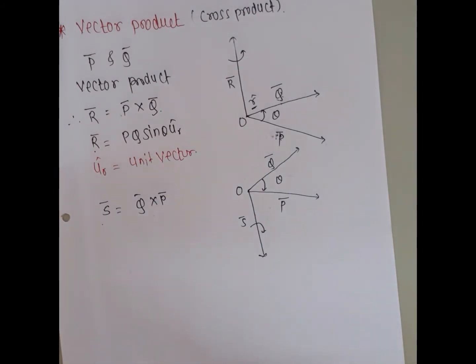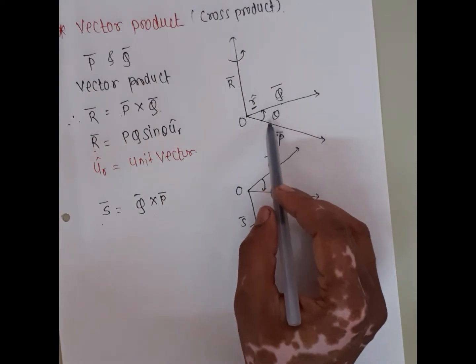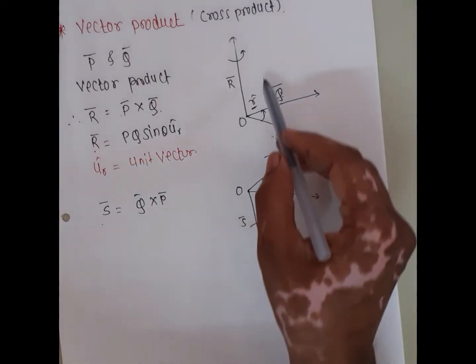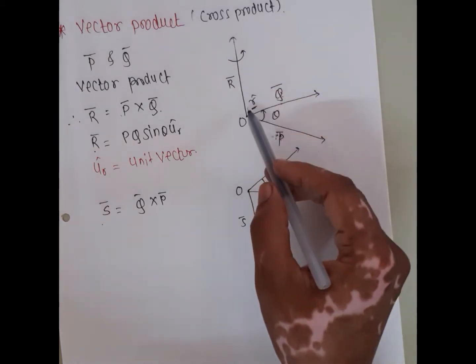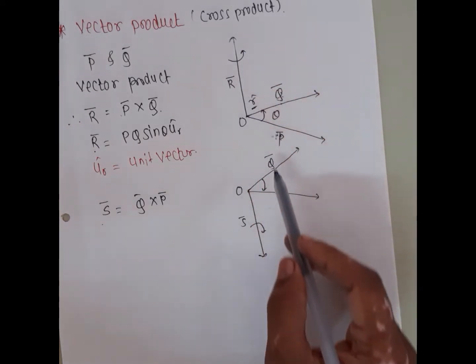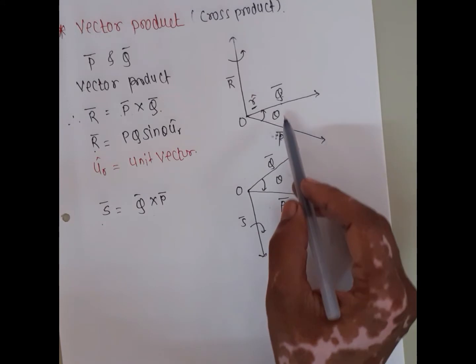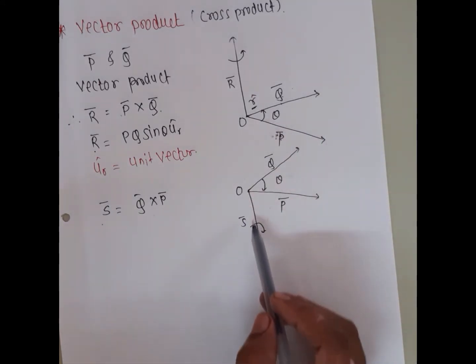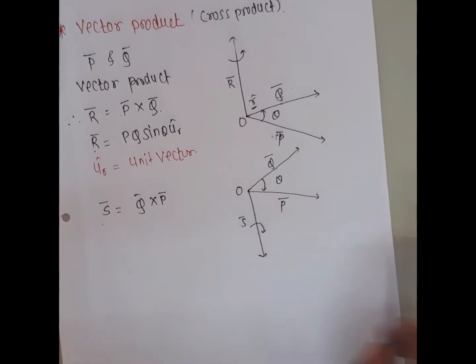According to the right hand screw rule, if the screw is rotated in the direction of p to q, then the tip of the screw advances in the direction of r, perpendicular to the plane containing p bar and q bar. Similarly, s bar shows the direction of the screw.